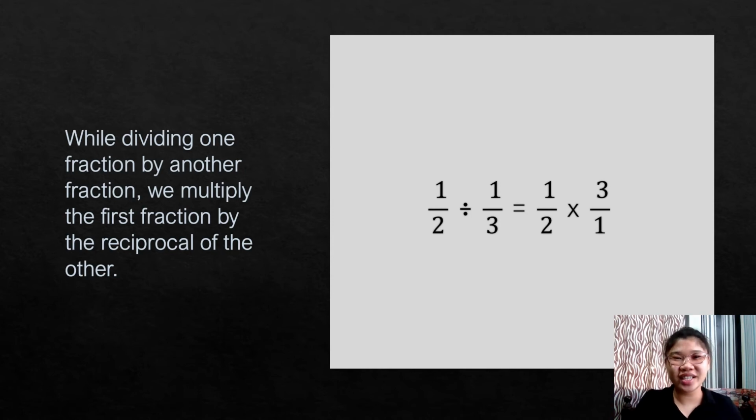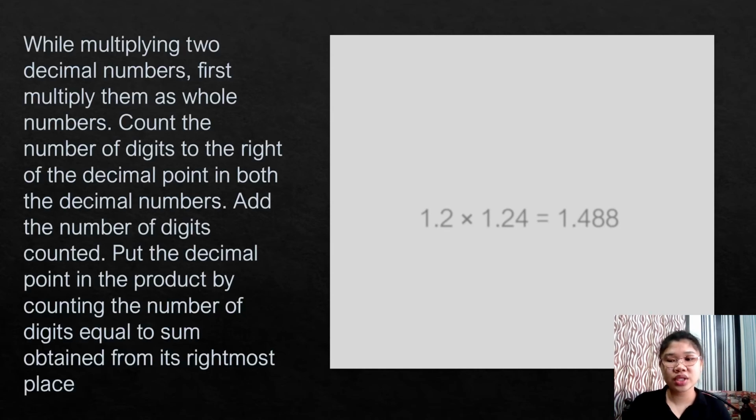Next, we proceed to decimals. Like in the fractions, our main focus first is the multiplication. When you are asked to multiply two decimal numbers, the first thing to do is multiply them as whole numbers, treating them as simple multiplication of numbers.